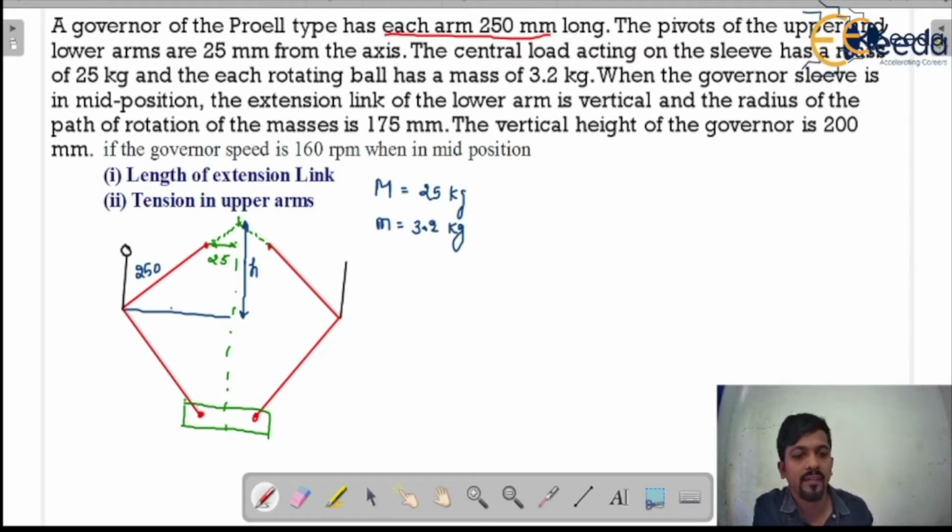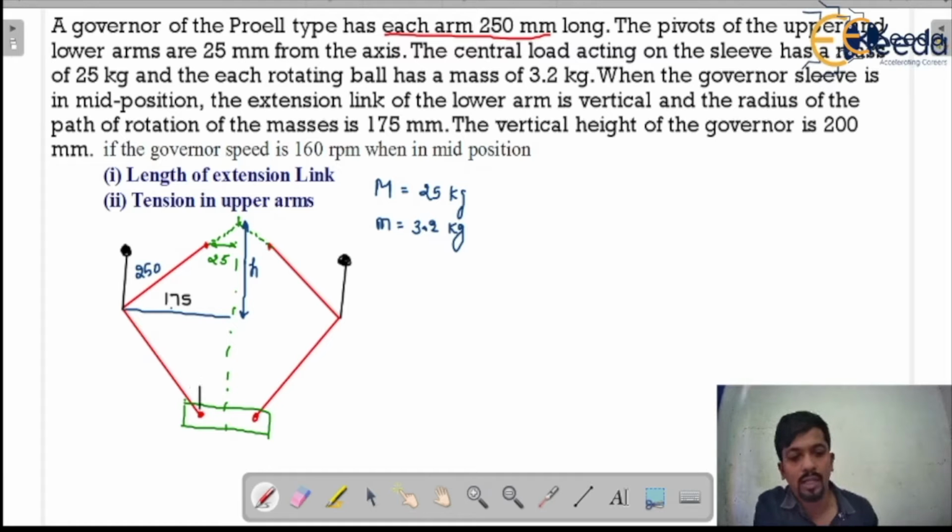Okay, and it is having the fly balls. This is the fly ball of mass 3.2 kilogram, and it is saying that the radius of the path of rotation of the mass is 175 mm. This is completely 175 mm.